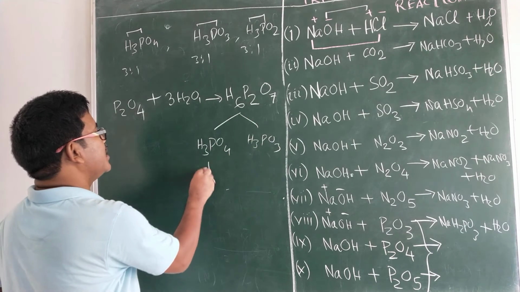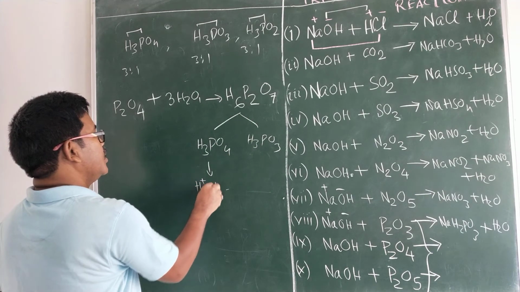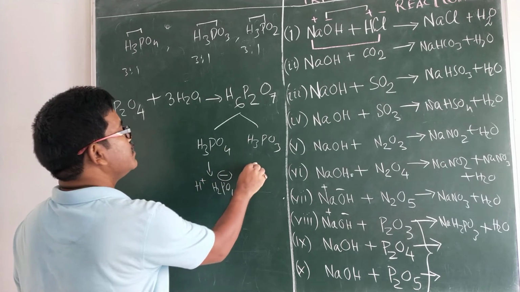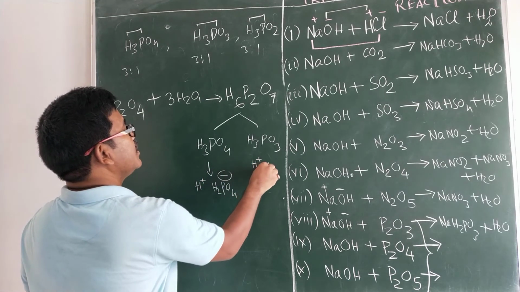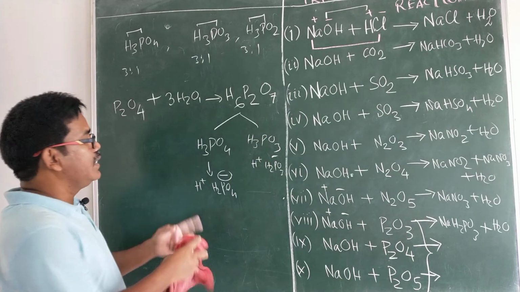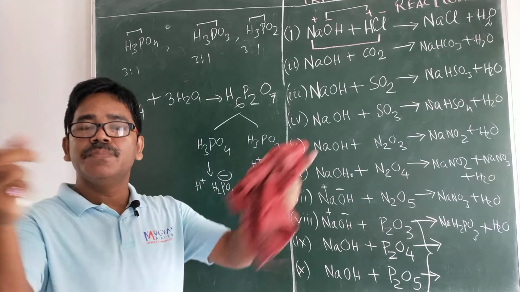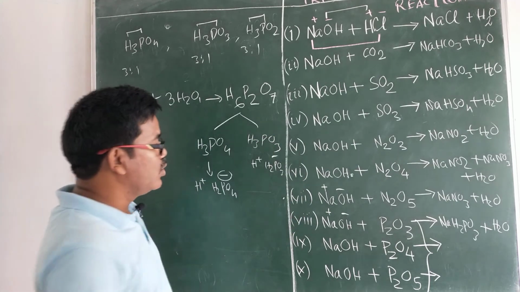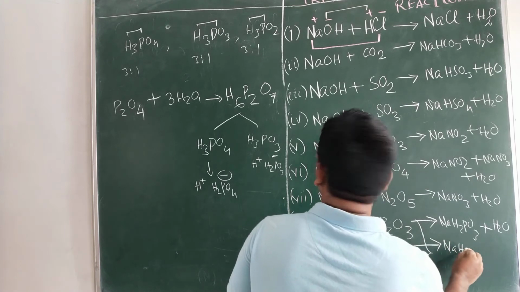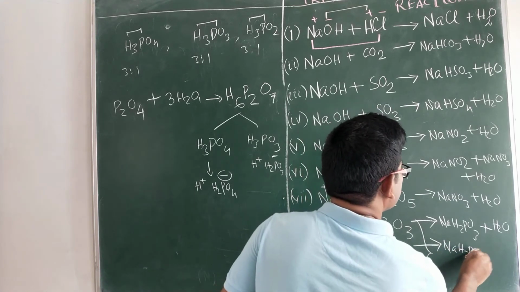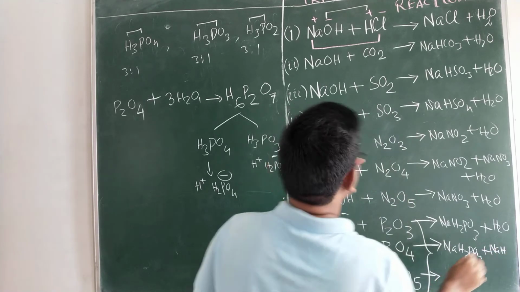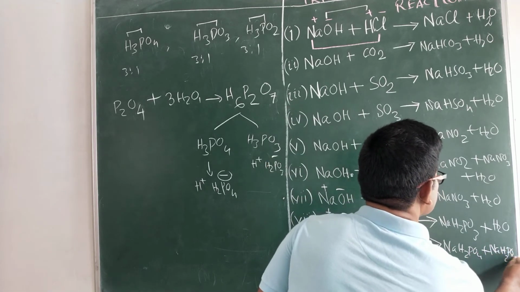This compound is nothing but H plus H2PO4 minus, and H plus H2PO3 minus. Again we get the corresponding ionic form. Then simple ion exchange gives NaH2PO4 plus NaH2PO3 plus water.